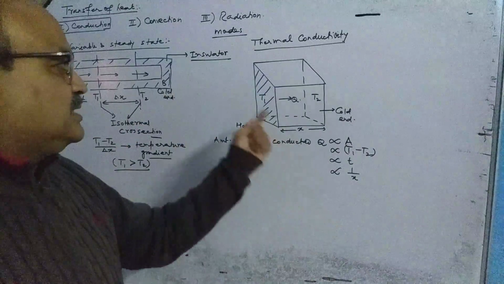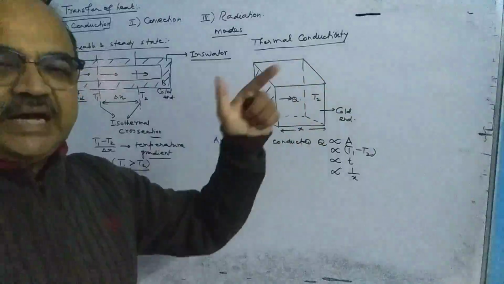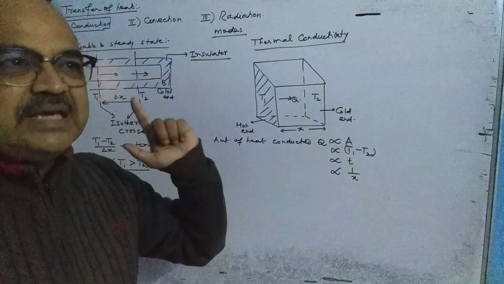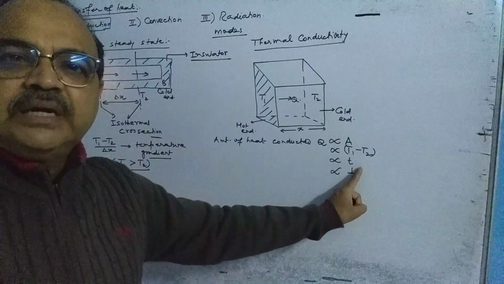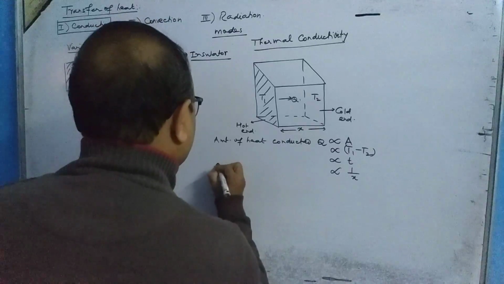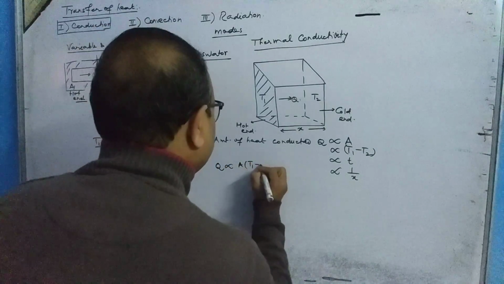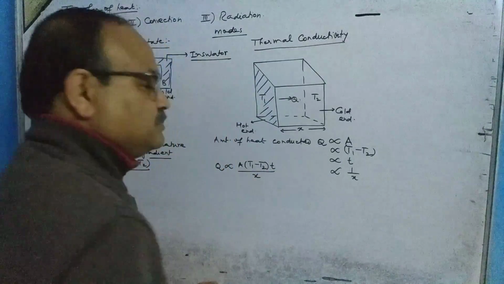Let's say that between these two surfaces, as shown in the figure, the heat is conducted. Cross-sectional area of each surface is A. Temperature difference, time duration, and the distance. Then what happens? Q is directly proportional to A into T1 minus T2 into small t by x.